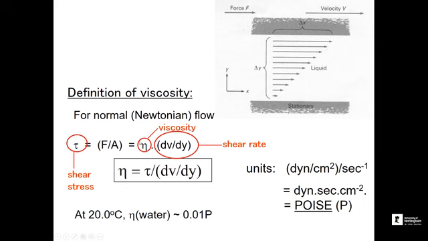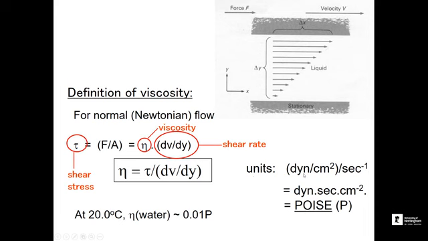And the constant of proportionality is defined as the viscosity. All right, that's viscosity: tau divided by dv/dy, which for Newtonian is a constant.